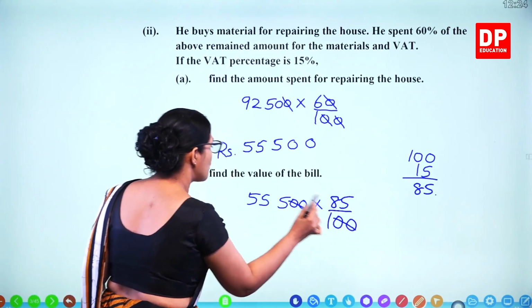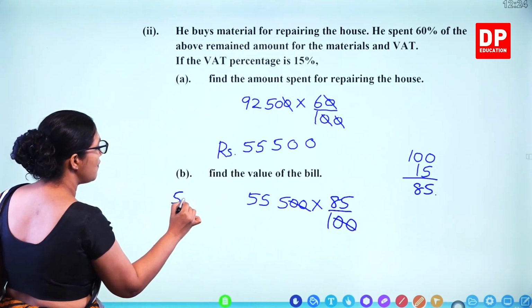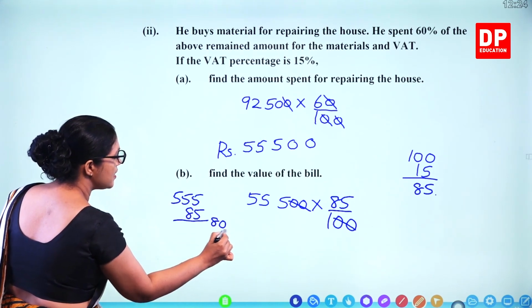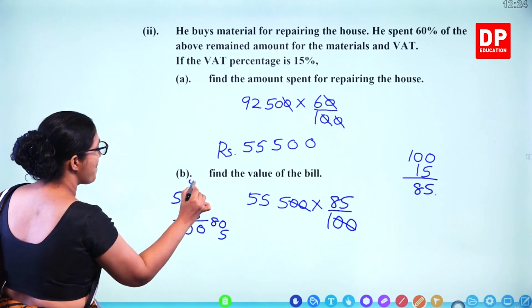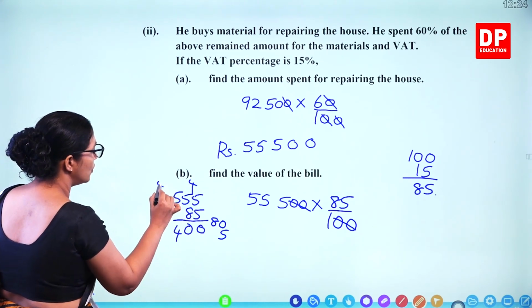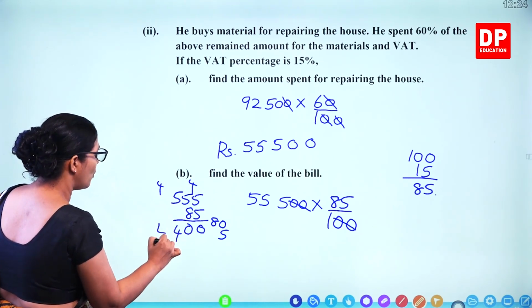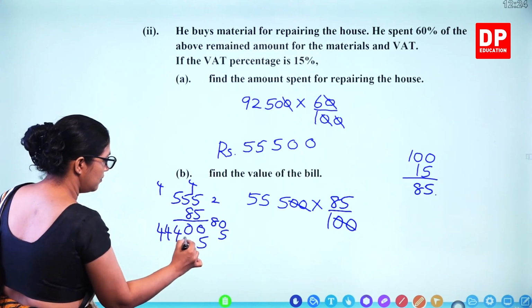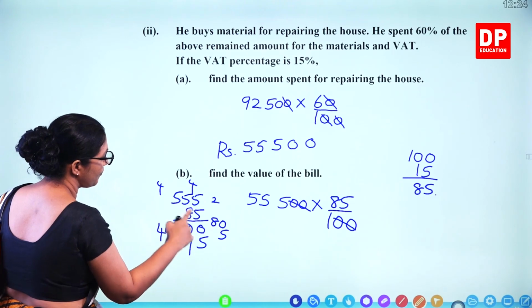So 2 zeros, and you need to multiply 555 by 85. 80 and 5, 44, 44. 5 times 5, 25, 27, 27.